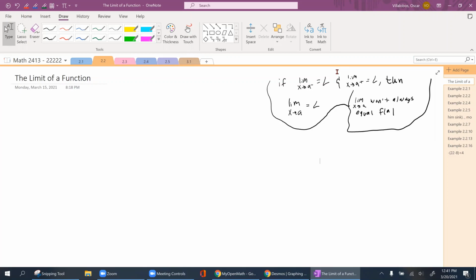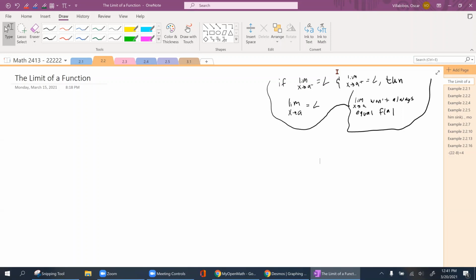We're going to be dealing with graphs and functions. Whenever we're talking about the limit of a function, we're going to be focused on an x value. It can be any number, so for simplicity, we'll call it a. We'll say a is the number that x is approaching.